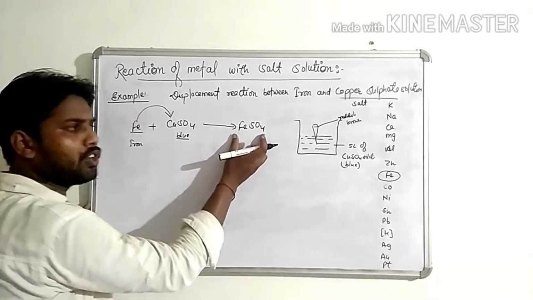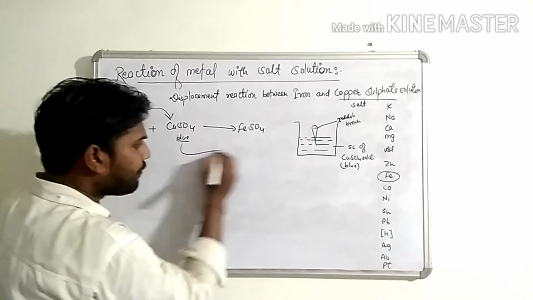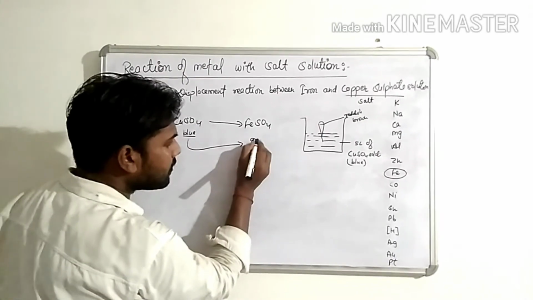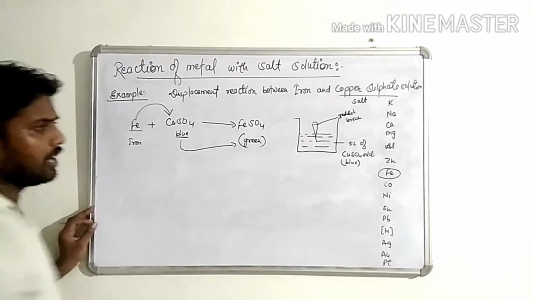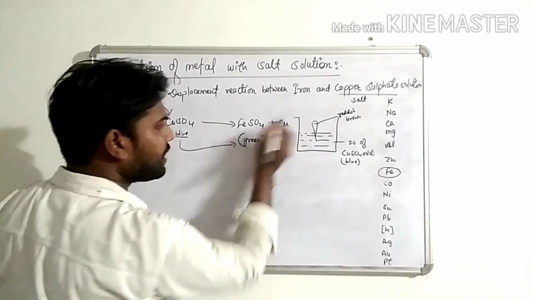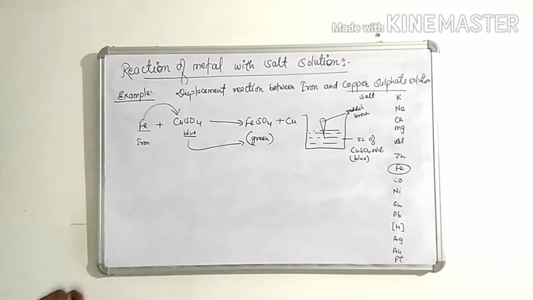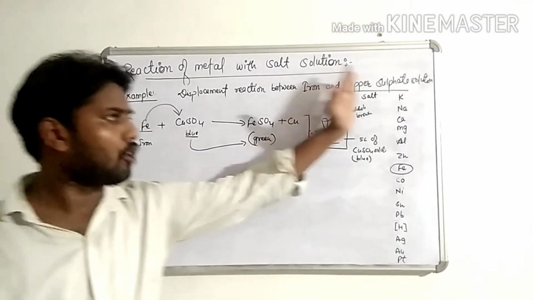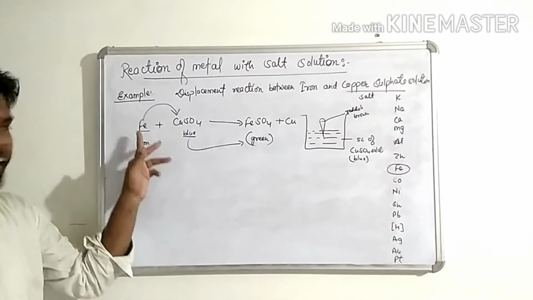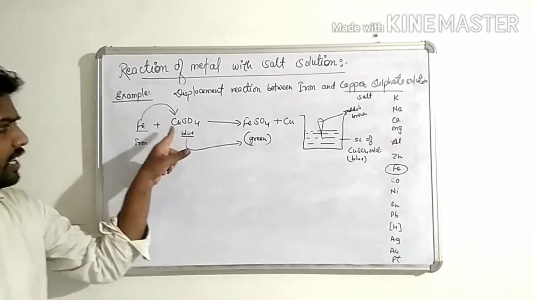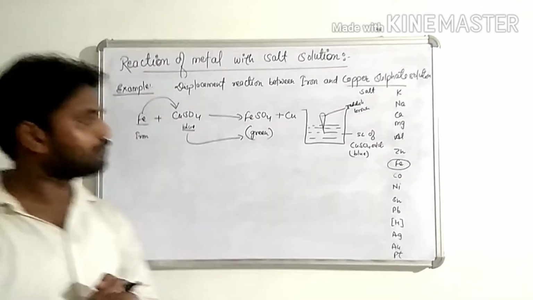Due to the formation of ferrous sulfate, the blue color fades away and finally becomes green in color. Now the copper will separate out. Easy children. This is the example between iron and copper sulfate solution, how the highly reactive metal iron displaces the less reactive copper from its salt solution. Clear?